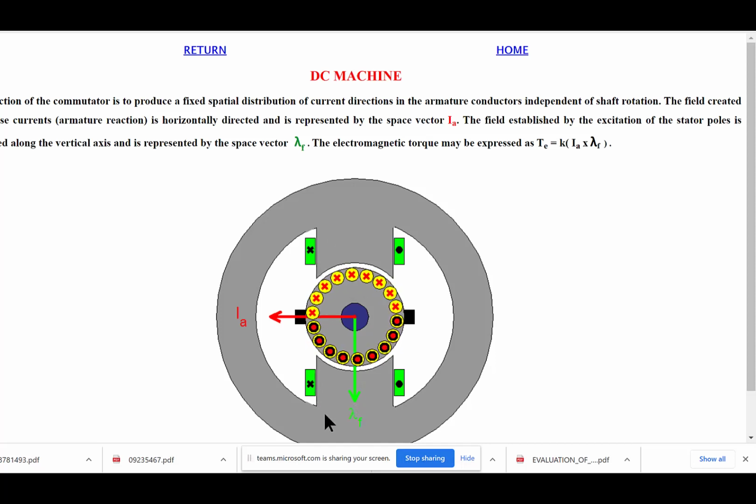So an MMF is applied, and it's a stationary MMF because the field is on the stator. It's not moving.